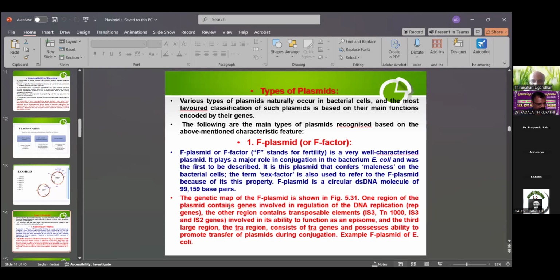The F plasmid, or F factor, is a very well characterized plasmid. It plays a major role in conjugation in bacteria such as Escherichia coli, and was the first to be described. It is the plasmid that confers maleness on the bacterial cells.